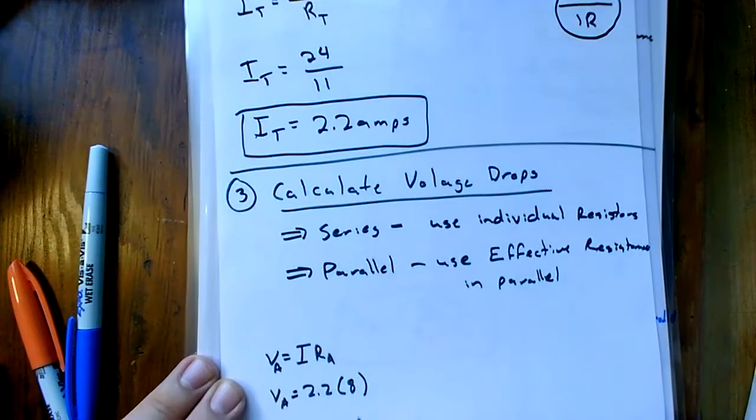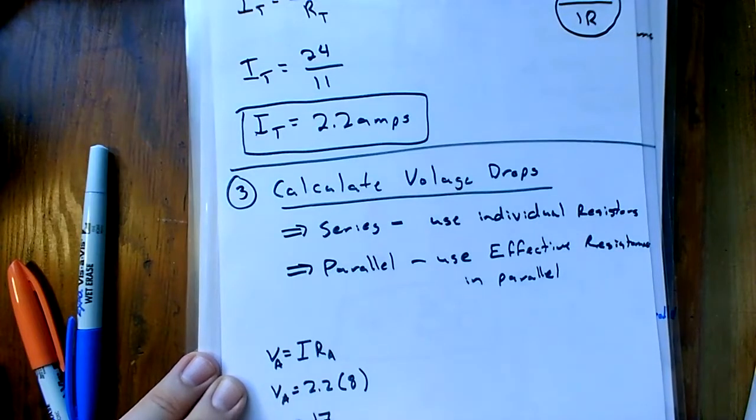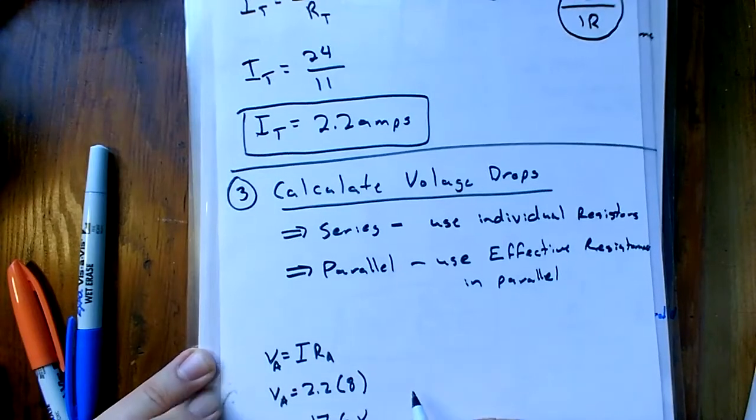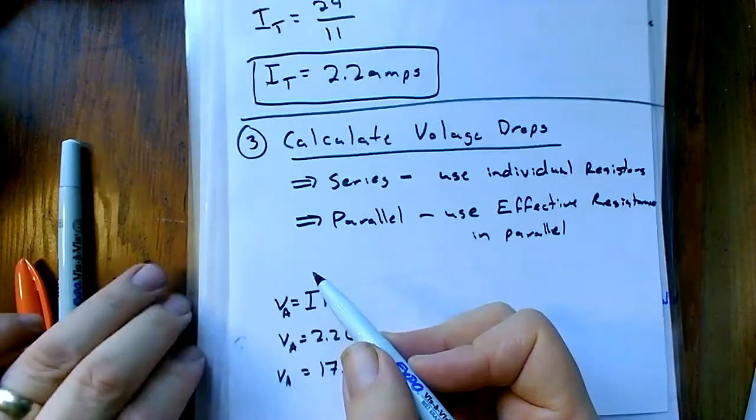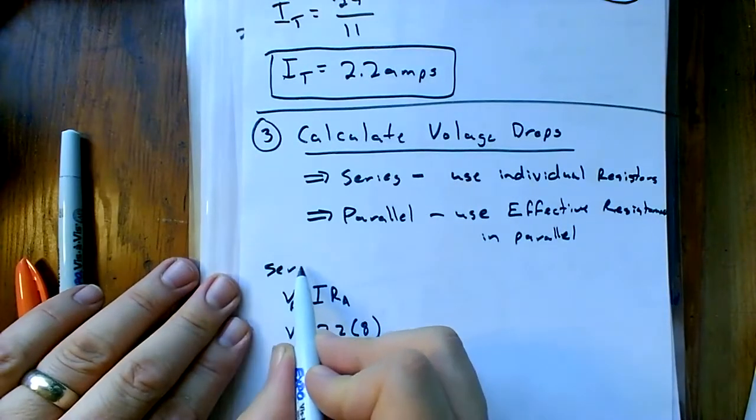And this is going to be 17.6 volts. That's my voltage drop across A. So this was my one thing I had in series.